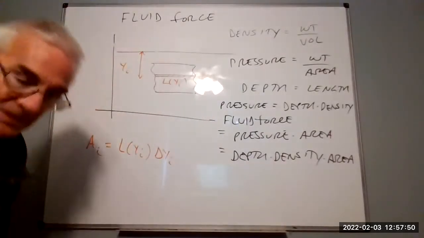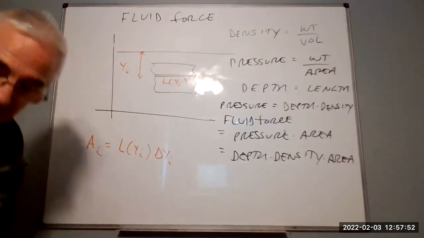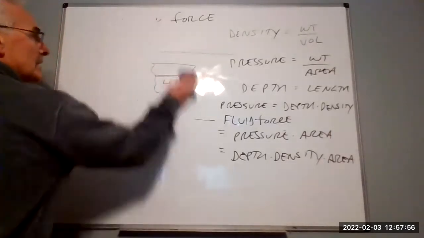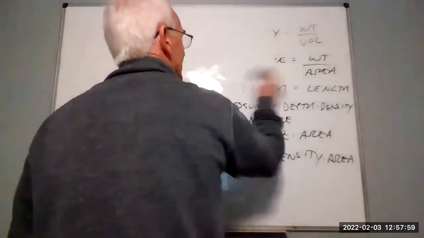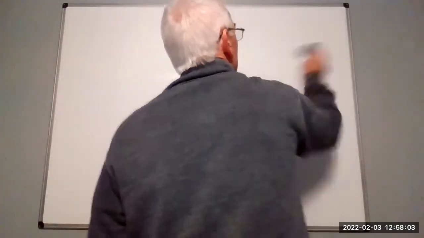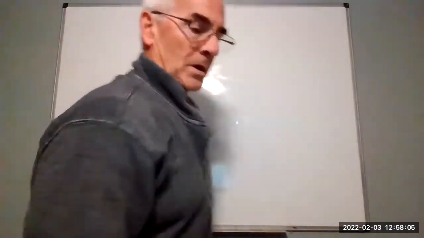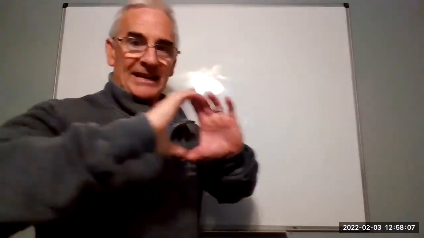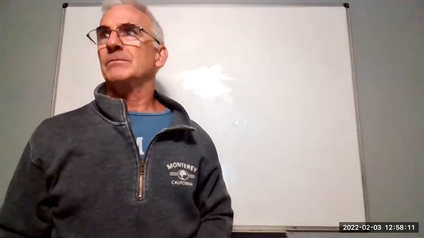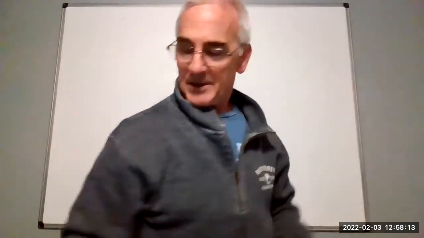Now we're going to do a really simple example. This is one of my favorite ones because it brings up a little bit of review of integration at the same time. All right, so off of Point Loma, there is a gigantic, basically it's like a tube.